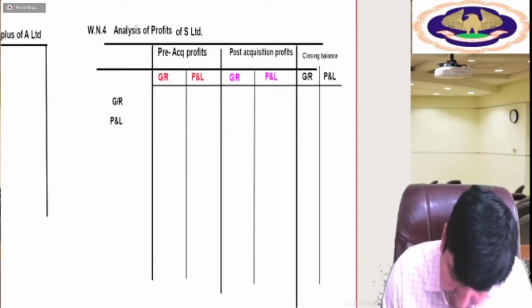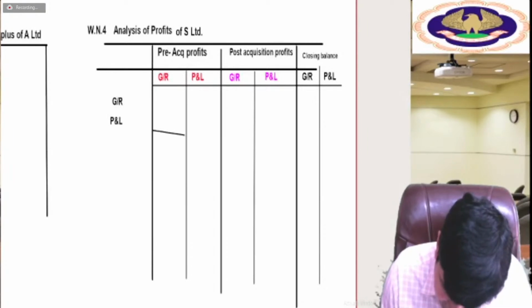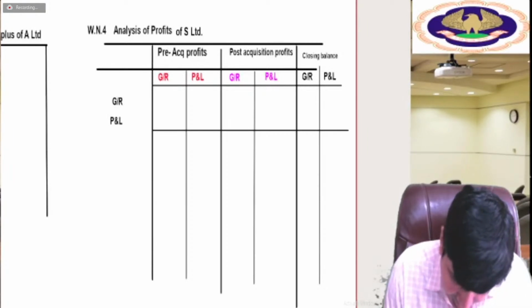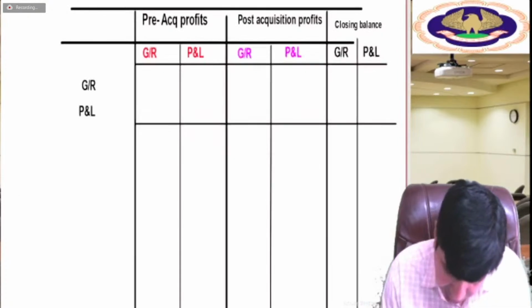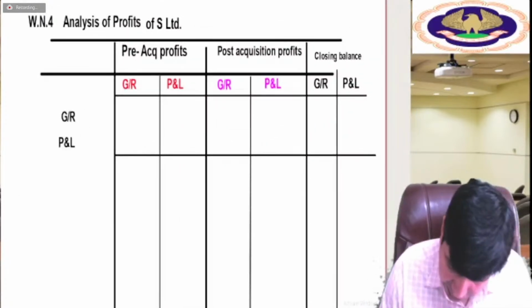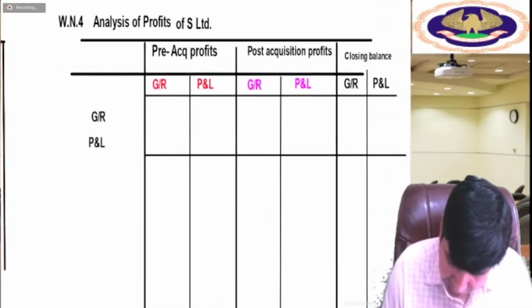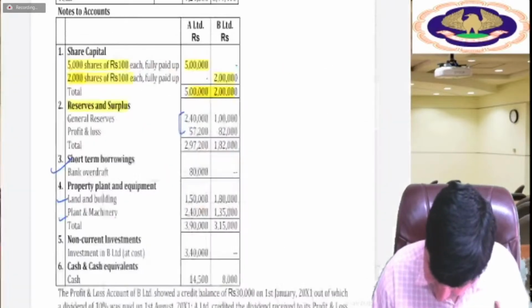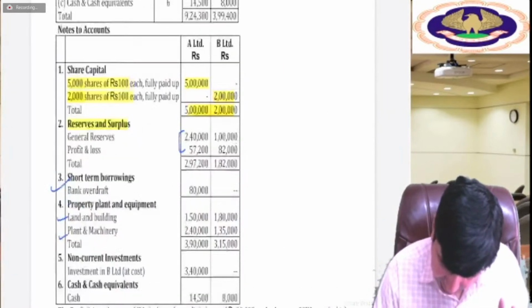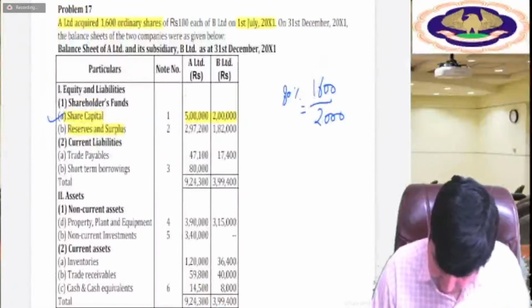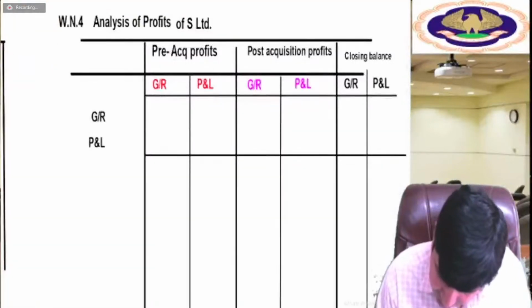So first we shall mention the closing balance in the analysis of profit. The subsidiary company's balances for general reserve are at the date of balance sheet. What is the balance sheet date? That is 31st December 2021.